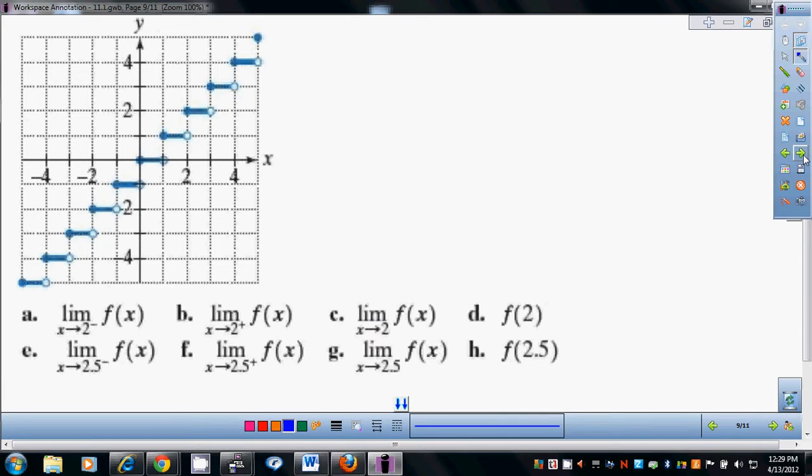As it approaches 2 from the right-hand side, that would be 2. So therefore, what would my overall limit be, Michelle? Yep. It would be does not exist because these weren't the same. These have to be the same in order for this one to exist.